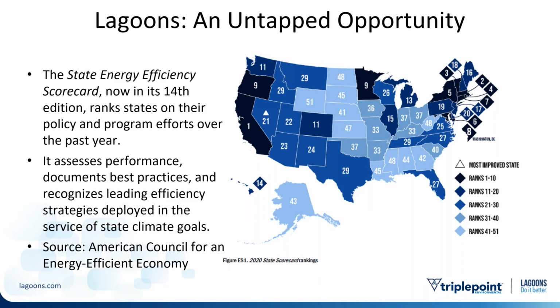Basically, the states that have lots of small towns haven't had energy efficiency initiatives like grants or incentives to have these municipalities inexpensively upgrade their system. What this means is that most lagoon systems are operating on the old inefficient technology that they were designed with in the 70s, 80s, or 90s, and there's a very untapped opportunity to get in there and upgrade those. We can make big impacts with minor changes at these lagoon systems.